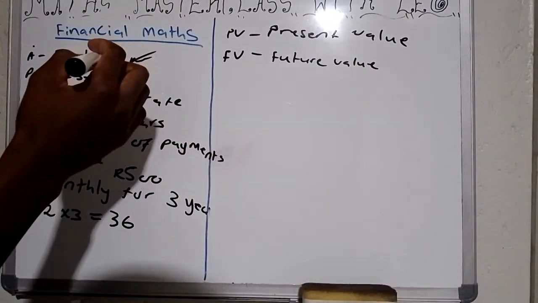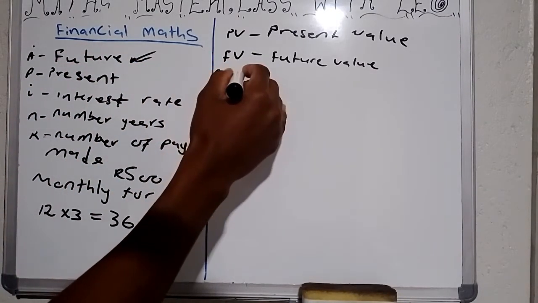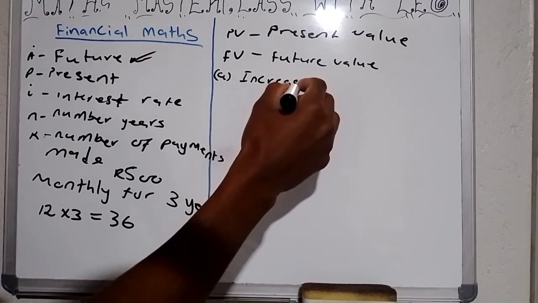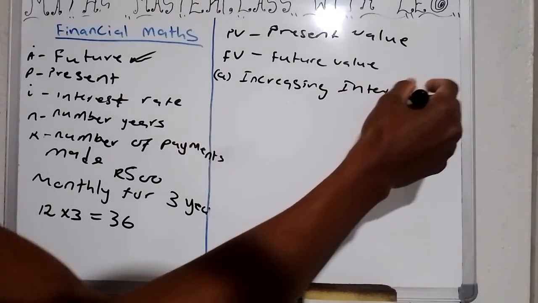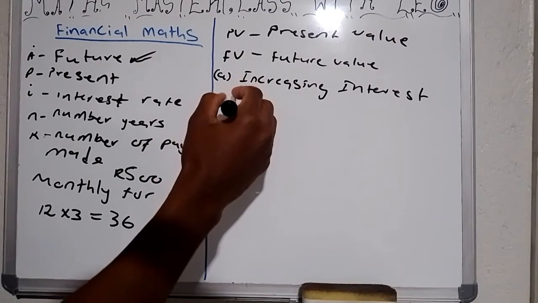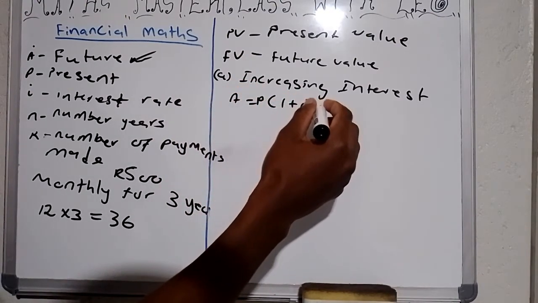So now we also have formulas. The first one, let me just say A, it is the increasing interest. The increasing interest, which is the A, is equal to P into (1 plus I N).